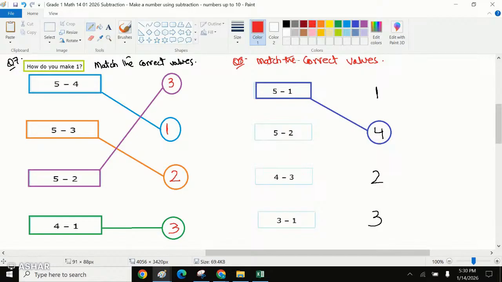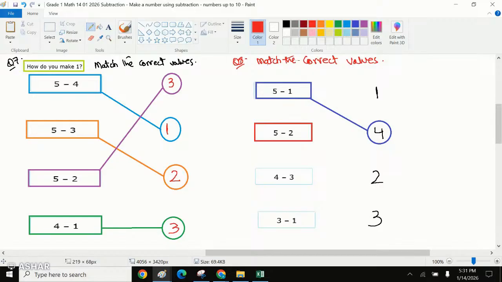How about the next one? 5 minus 2 should be equal to... 5 fingers are open, we close 2 fingers out of this.